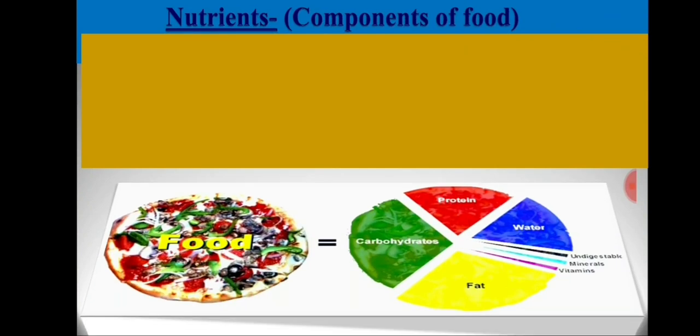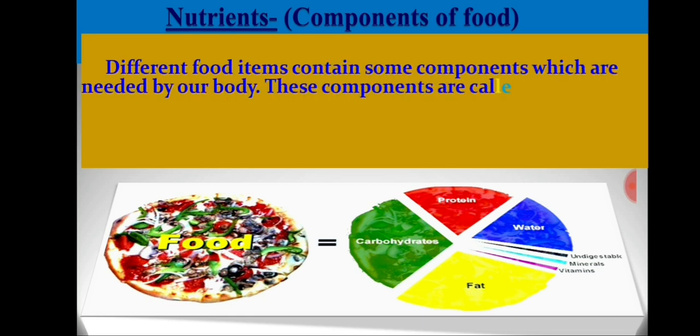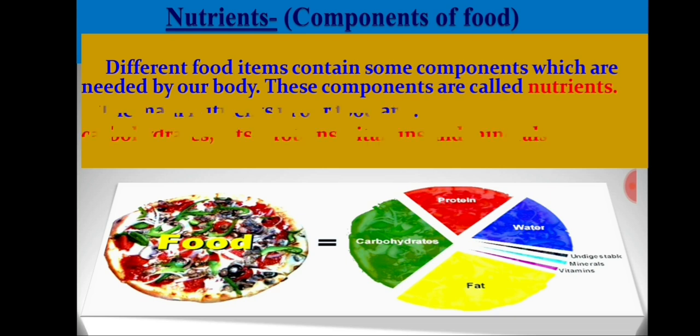Those components which are needed by us in food, and are very important for our survival, are known as components of food or nutrients. Different food items contain different components which are needed by our body. These components are called nutrients.